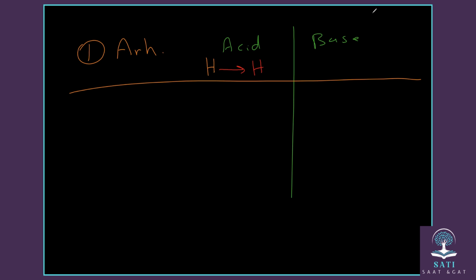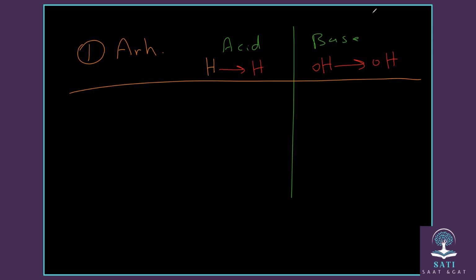This is an acid based on the definition of Arrhenius. What's the definition of a base? He said a base is a chemical substance that has hydroxide and donates hydroxide as well. So it has OH and donates OH in reactions, and an acid has H and donates H in reactions.